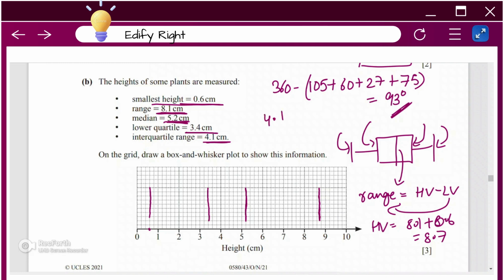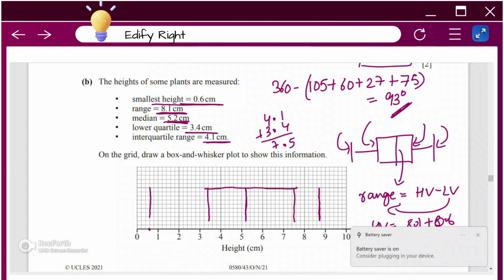So if you add 4.1 to 3.4, you'll get the upper quartile, that would be 7.5. So let me just mark it somewhere over here. Now join these 2 points. That's it. So this is how you get a box and whisker plot.